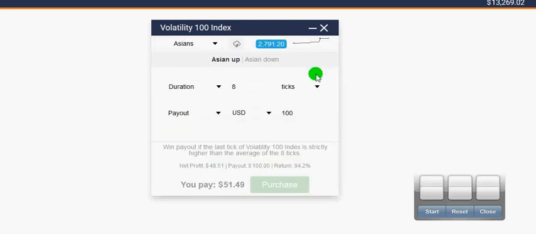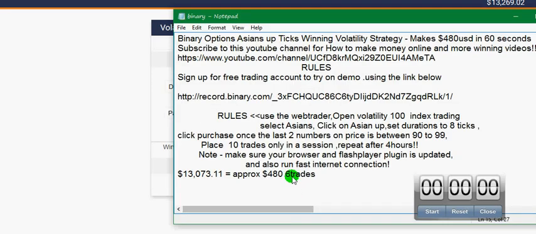So we won the sixth trade, so we're going to place the seventh trade.